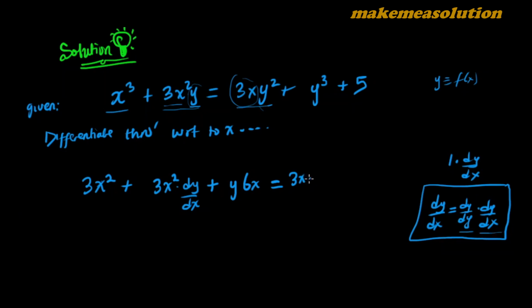So differentiating y squared, you do dy giving you 2y, then add your dy dx, plus you're now going to keep y squared and you differentiate 3x, giving you 3. And when you differentiate y cubed, you're going to get 3y squared dy dx. Of course, from this rule, dy first: the dy is 3y squared, and the multiplier is dy dx. When you differentiate 5, you get 0.